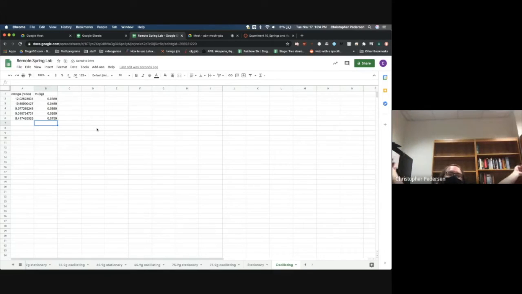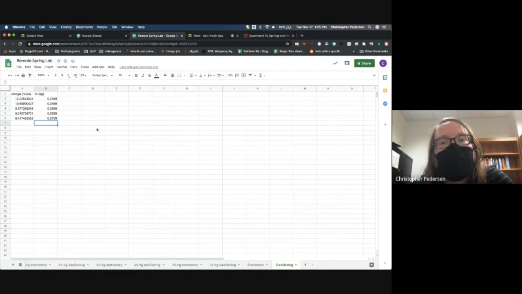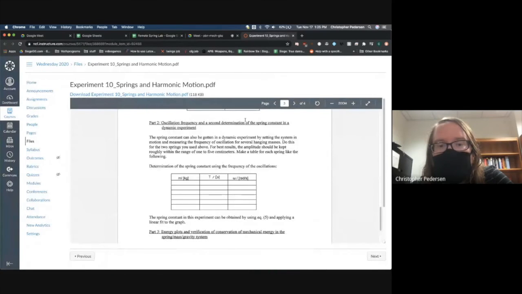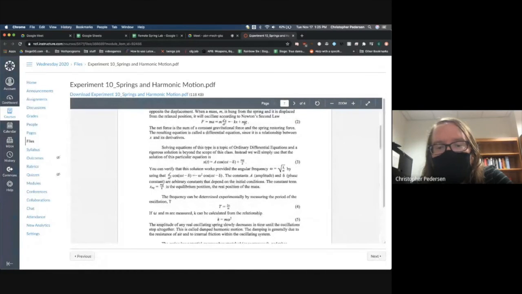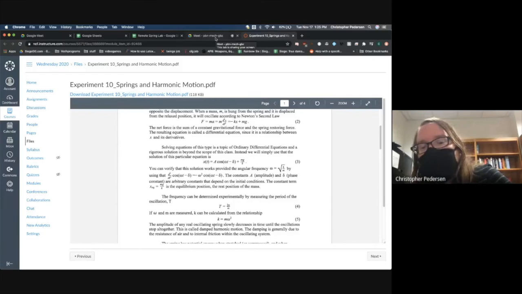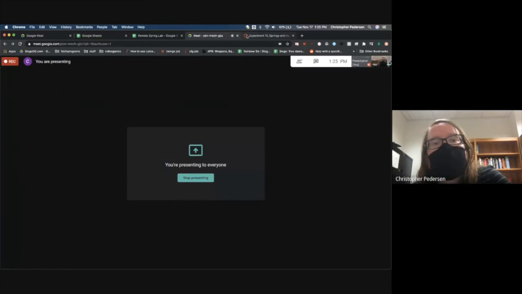So for this, we're using the equation that k is equal to m omega squared. So really what we want to graph, if we want k as the slope, is m on the y-axis and 1 over omega squared on the x-axis.